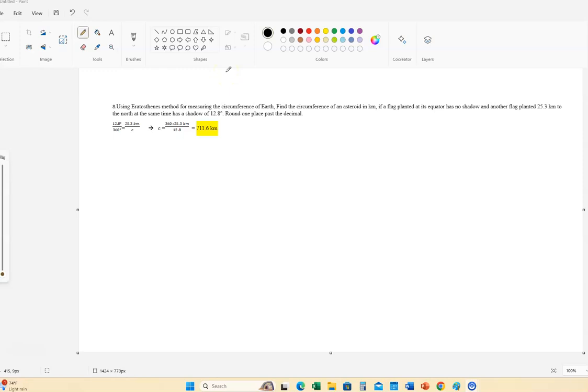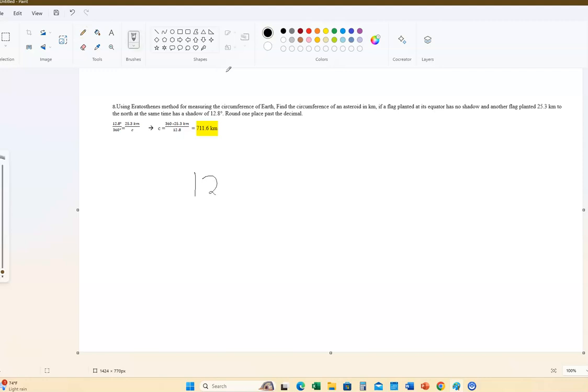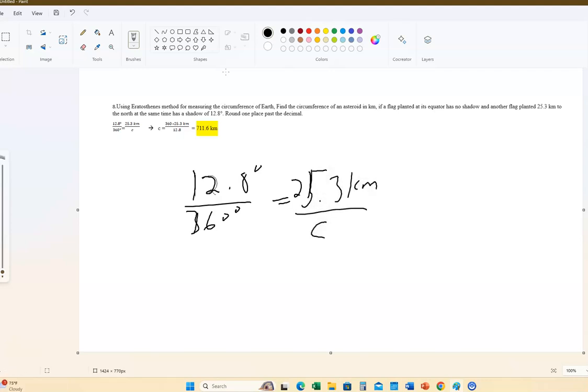Let me just write this out. So it's 12.8 degrees to 360 degrees. Sorry, that's supposed to be 360 degrees. It is the equivalent of the distance between the two flags, which was measured to be 25.3 kilometers, divided by the circumference.